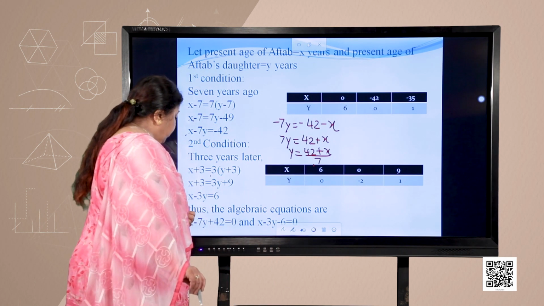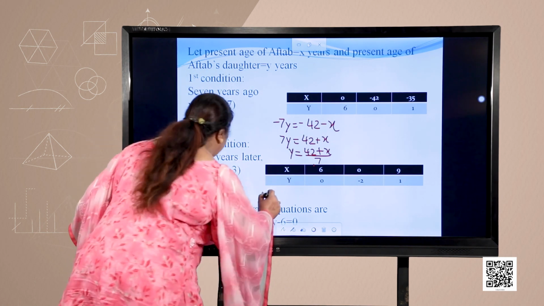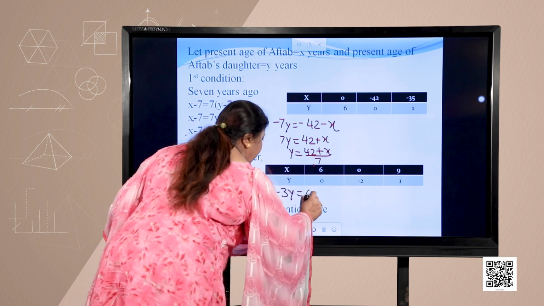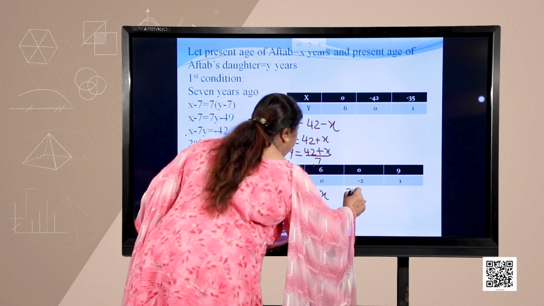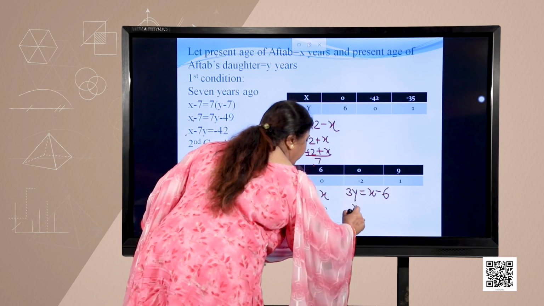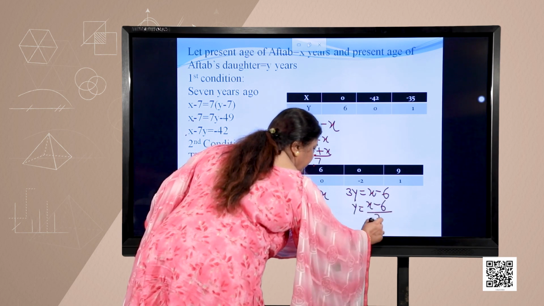Now for the next equation, x minus 3y is equal to 6. I can take minus 3y is equal to 6 minus x, or 3y is equal to x minus 6. y is equal to x minus 6 upon 3.